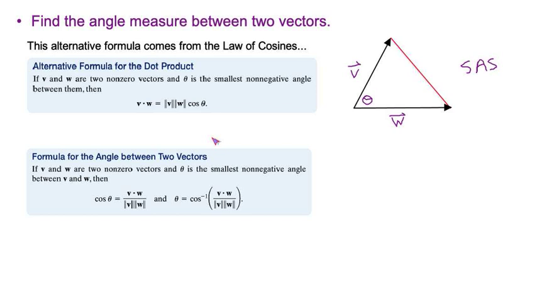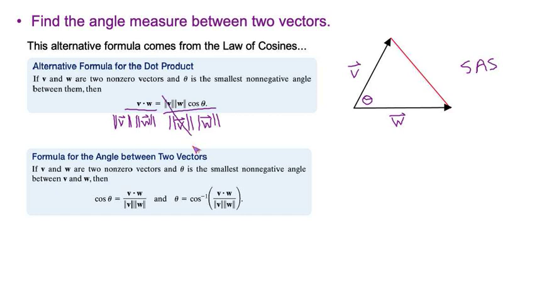So what I want you to notice here is that if we take this alternative formula that comes from the law of cosines, this is an alternative way of finding the dot product, we can solve it for cosine theta. Notice if I just divide both sides by the magnitude of vector v times the magnitude of vector w, what happens?